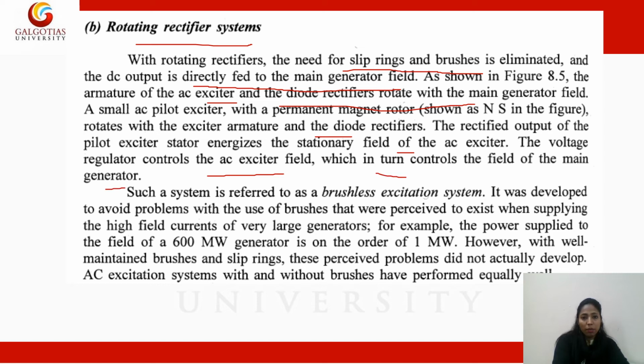Such a system is referred to as a brushless excitation system, and it was developed to avoid problems perceived with the use of brushes when supplying the high field current of very large generators.